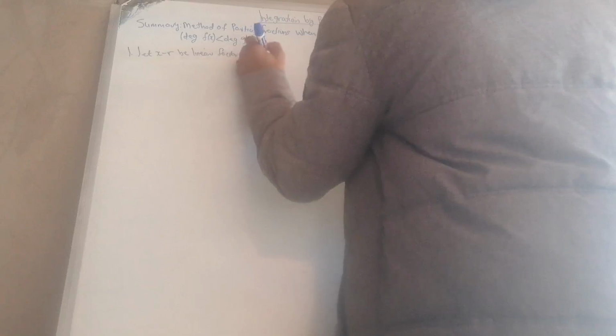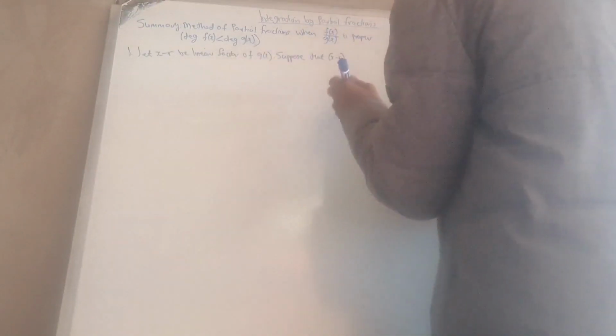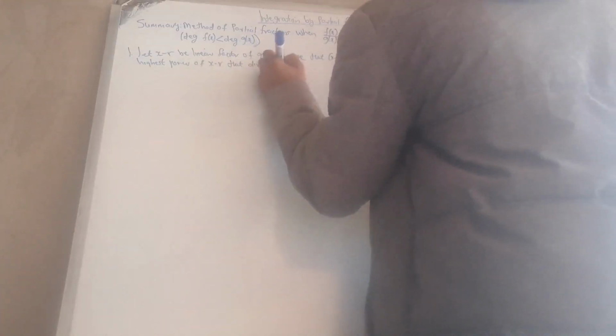Now, we can continue and say, okay, if we let x minus r be a linear factor of g at x, which is the denominator in this case, and we suppose that the linear factor of g at x raised to exponent m is the highest power of x minus r that divides g at x.